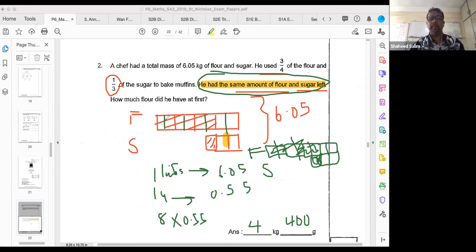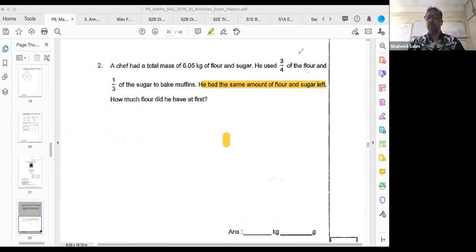So what is the amount of flour? Flour is 8 units. 8 times 0.55. You have 4 what? 4 kg, 400 grams. Okay, I'm now going to see whether I can move on to the next one.